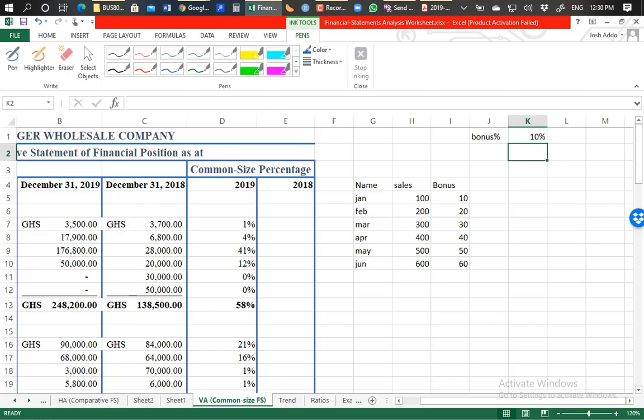So, thank you. So that is also about the vertical analysis, also known as the common size financial statement or common size analysis. So we have done horizontal analysis, we have done vertical analysis, and we have done them using a spreadsheet because we want what we are learning to be reflective of what we do in real life.